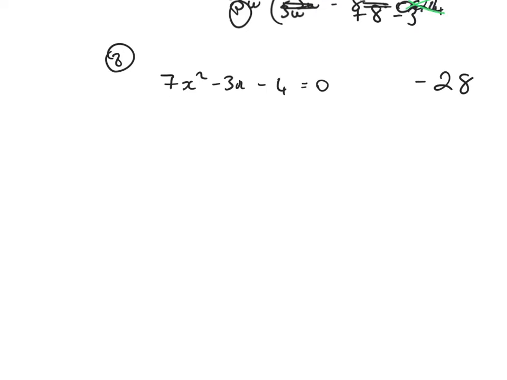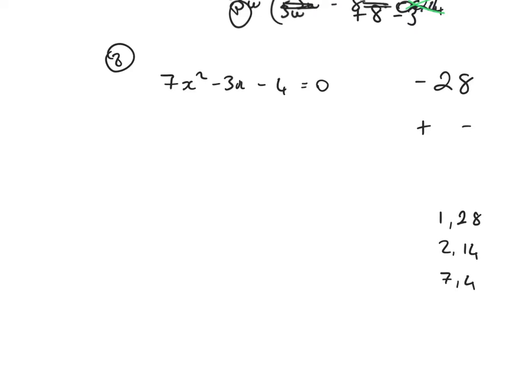The product, the result of multiplying, is negative, so the two numbers must have different signs. Then I consider my pairs that multiply to give 28: 1 and 28, 2 and 14, 7 and 4.